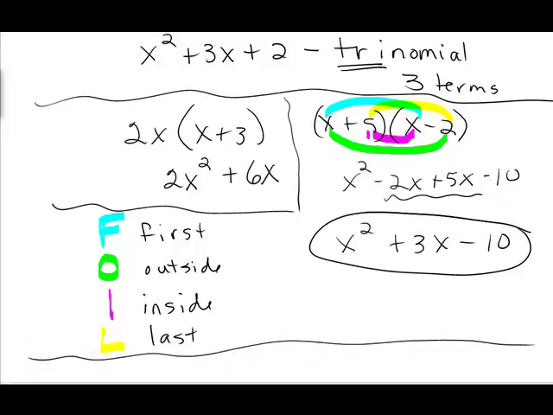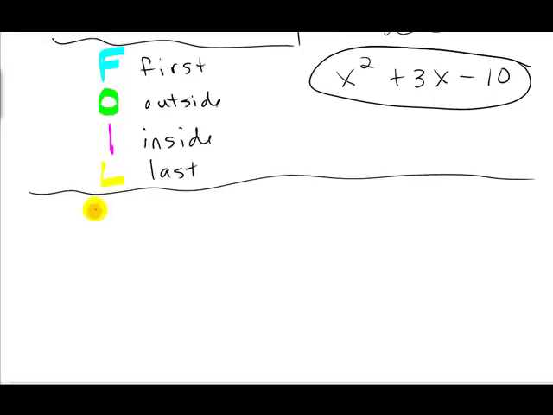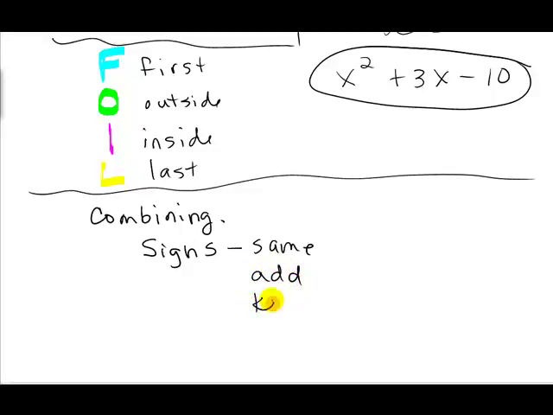Let's go ahead and take just a minute to talk about combining itself. Whenever we have numbers that have the same signs, so we're focusing on signs, when the signs are the same, we are going to add and keep the sign.